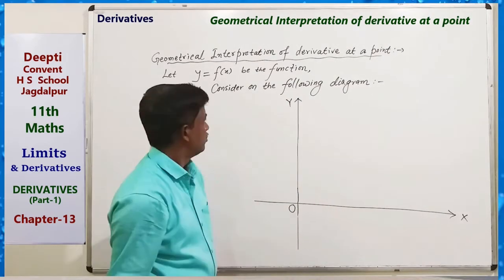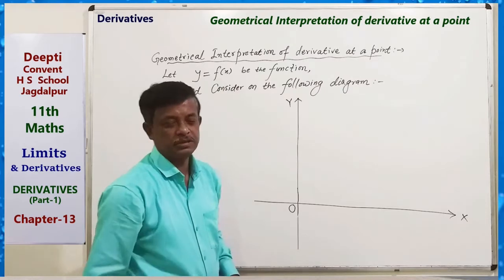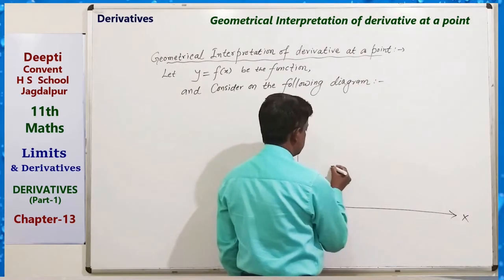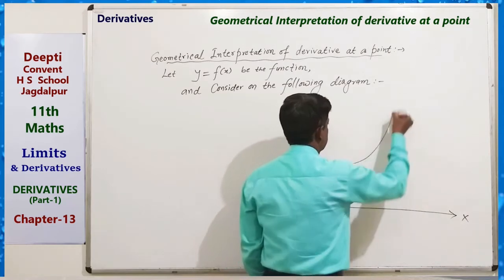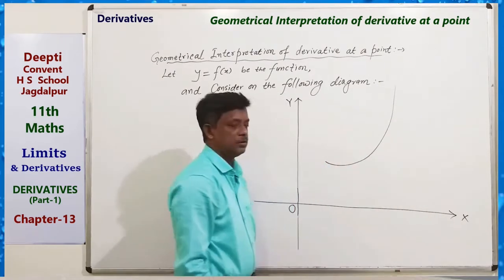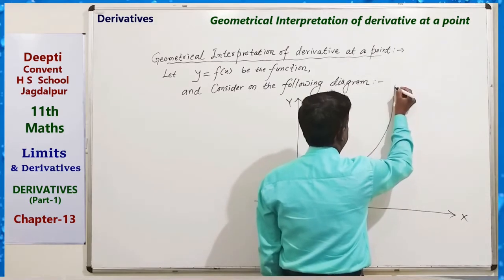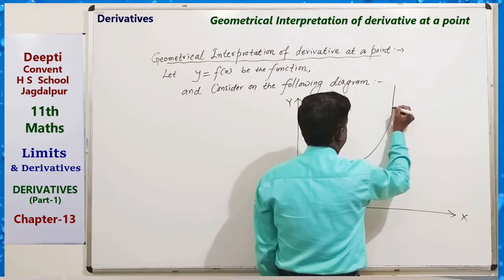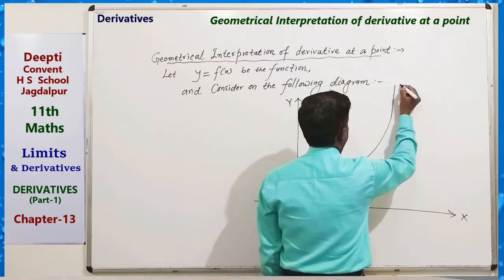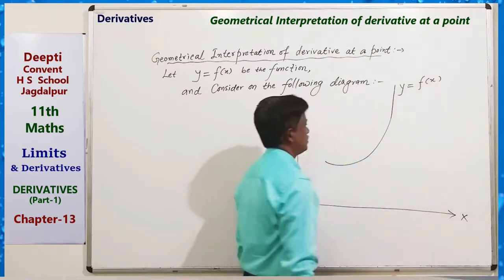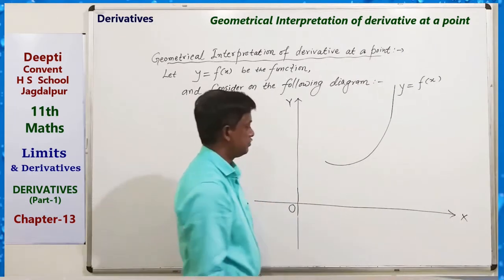We know the graph of the function is a curve in the 2D plane. So suppose this is our graph of the curve. Okay. y equals f(x) curve is this.